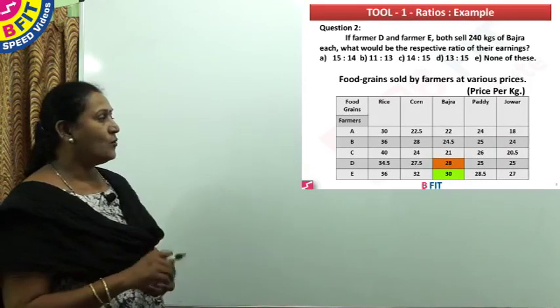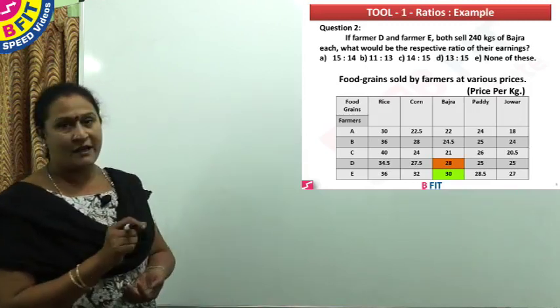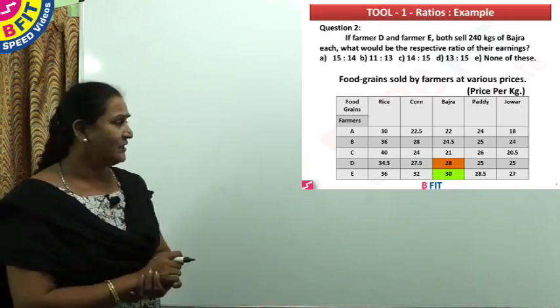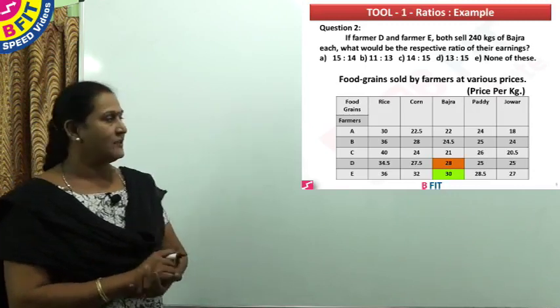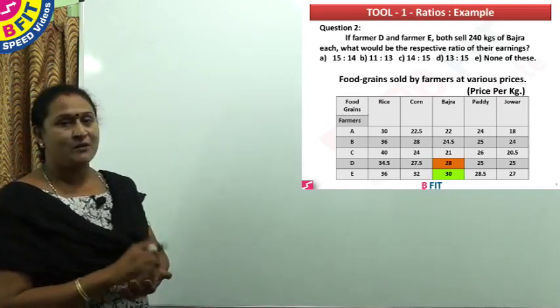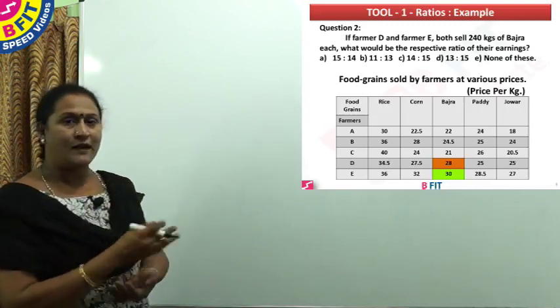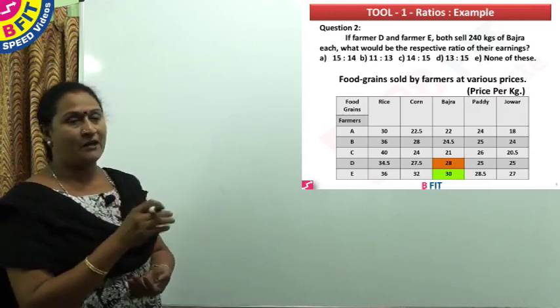Here, what is the cost at which farmer D is selling bajra? It is 28 rupees per kg, highlighted in orange color. And farmer E sells bajra at rupees 30 per kg. Now what will be his earning? Mostly students multiply the quantity 240 with 28 to get his earning, and 240 into 30 for farmer E to get the earning.